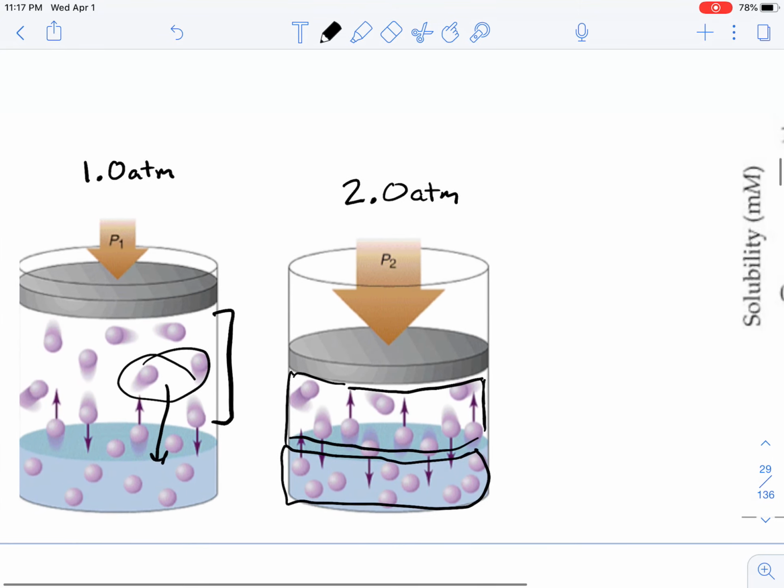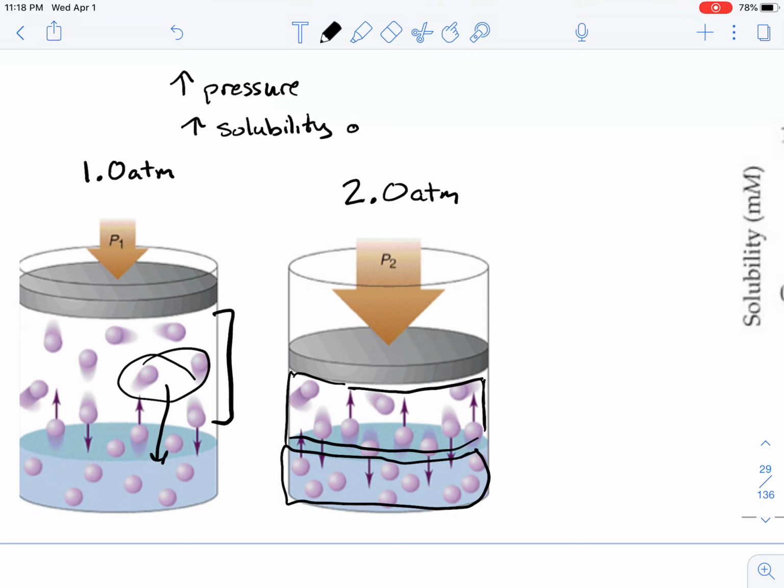And so overall, as we increase the pressure, we are increasing the solubility of gas in liquid solution.